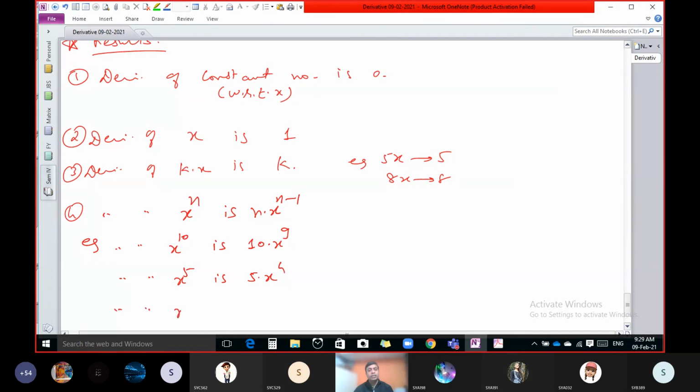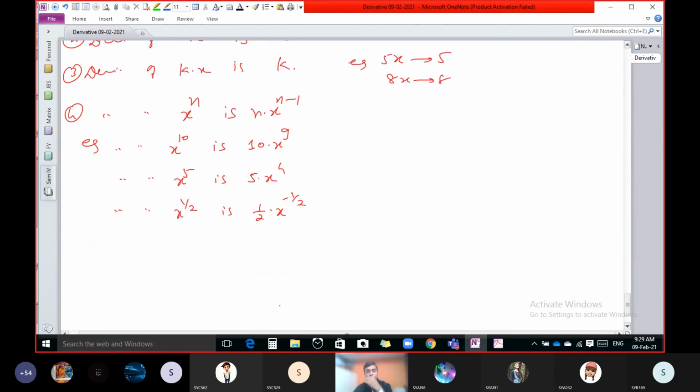Derivative of x raised to 1 upon 2 is 1 upon 2 into x raised to minus 1 upon 2. Why minus 1 upon 2? 1 upon 2 minus 1. If we take 2 as LCM, we get 1 minus 2 and ultimately we get minus 1 upon 2. Derivative of x raised to 1 upon 7. Tell me the answer for this question.